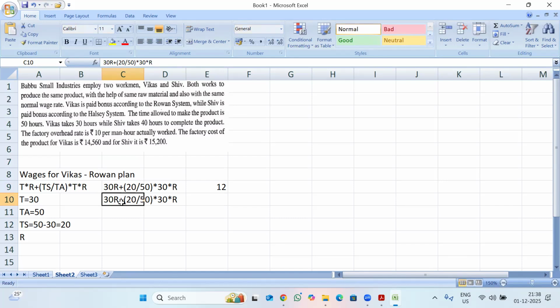So here it will be 30 hours plus 12 hours, that means 42 hours. Wages for Vikas under the Rowan plan is 42 hours.